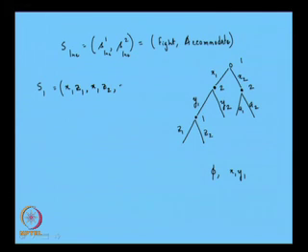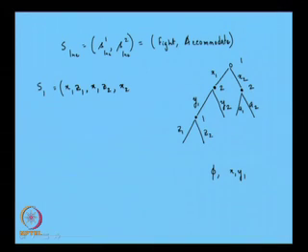He can also say that I will take x2, and interestingly, if x2 is the action that is taken by him, then also he has to mention what is the action that he is going to take if the history is x1 y1. So, he has to say either this or this. So, this is the strategy set of player 1.